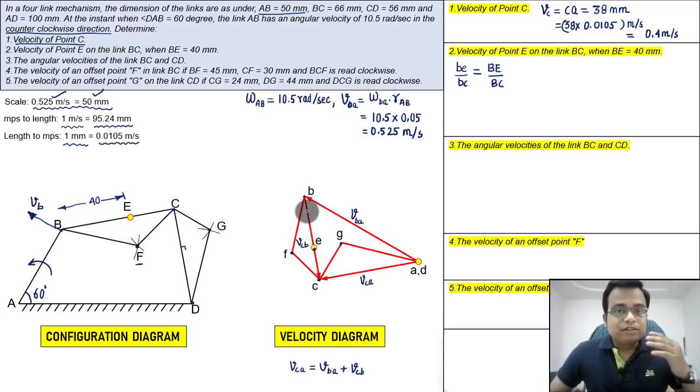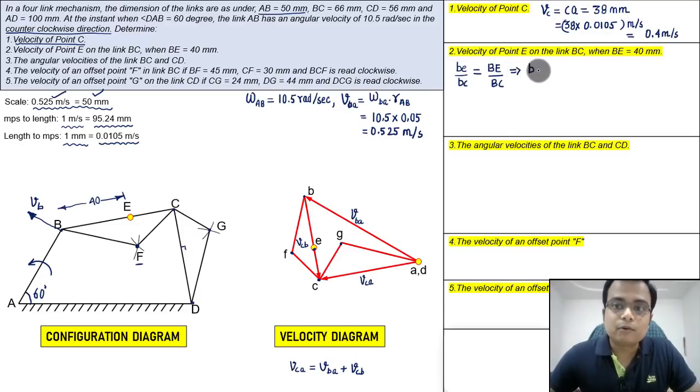Hence the ratio of different sides are also going to remain same, and this is the policy which I have used here. Okay, so how much is BC? Well, that has to be worked out. So what is BE rather? So BE will be equal to BE over BC. How much is BE? Well, that's 40. Let me just put it over here. Divided by BC. BC is how much? I need to take a look. Well, that's 66.